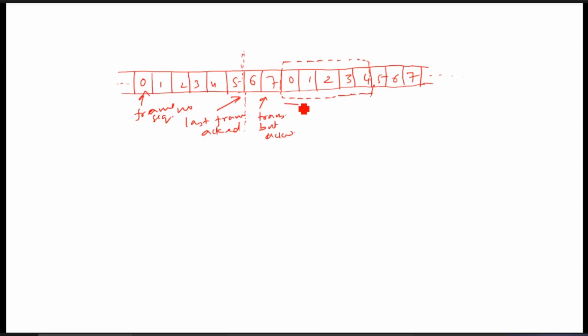Here the window will shrink. Window will shrink from the trailing edge when the frames are transmitted. The frames are transmitted, and the window will shrink from the trailing edge.